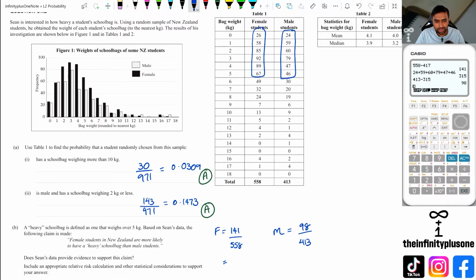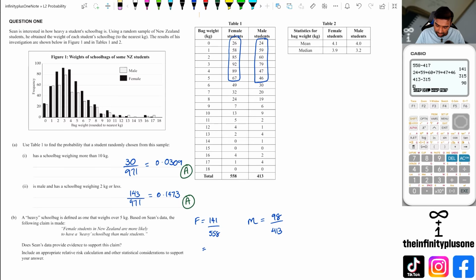What I need to do is the relative risk. So I'm going to take the probability of the females with over 5 kgs divided by the probability of males over 5 kgs. So 141 over 558, divided by 98 over 413.